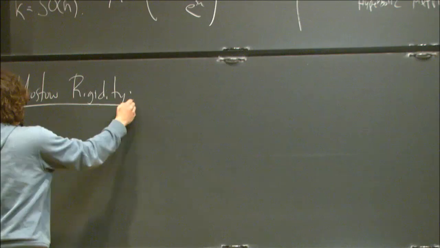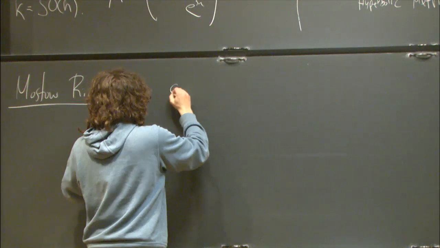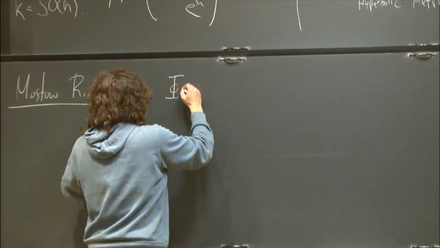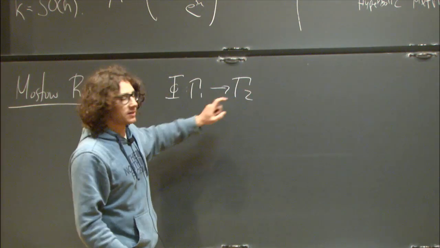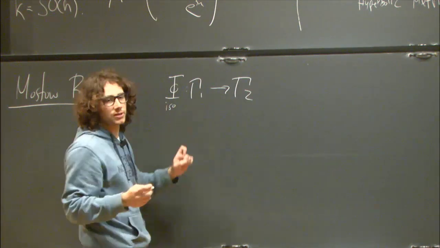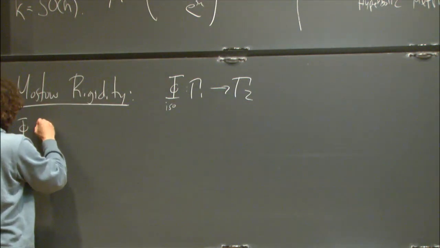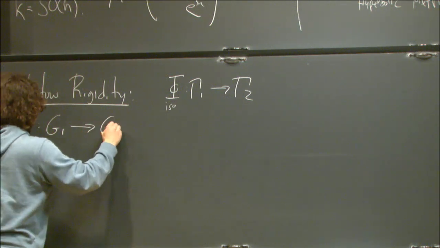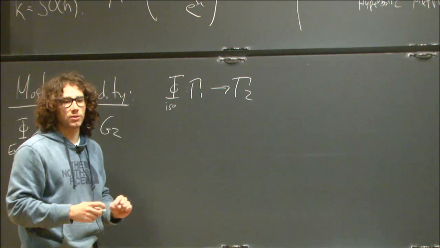I'll state it here, saying that if you have phi from gamma 1 to gamma 2, two of these groups, and this is an isomorphism of groups, then this phi extends to the whole groups G1 and G2.